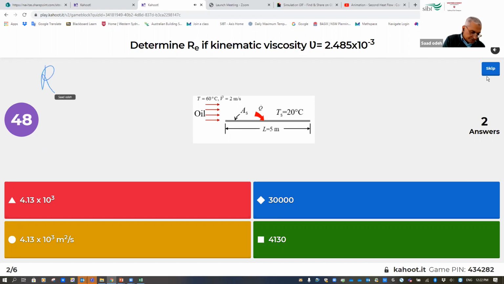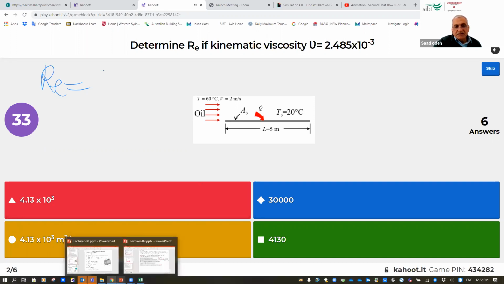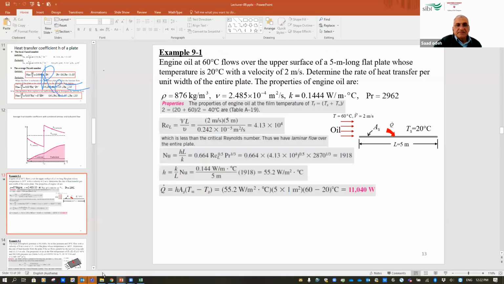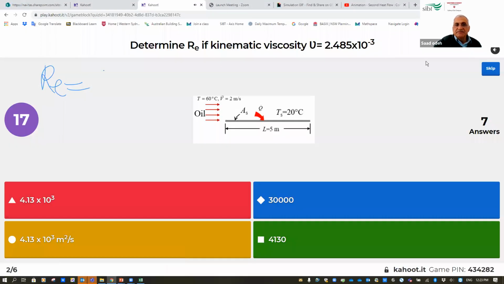So Re is equal to velocity times L divided by viscosity. I'll just give you the hint.